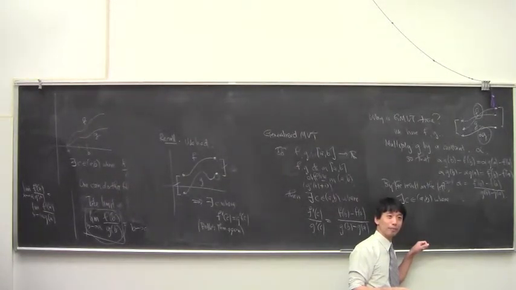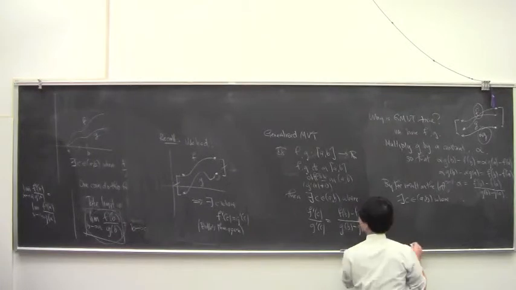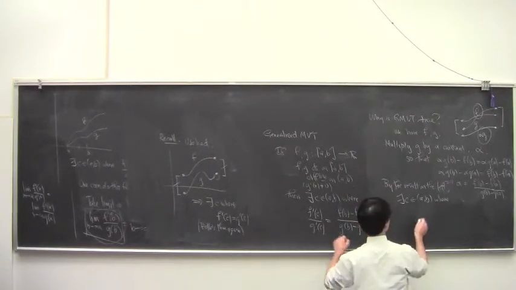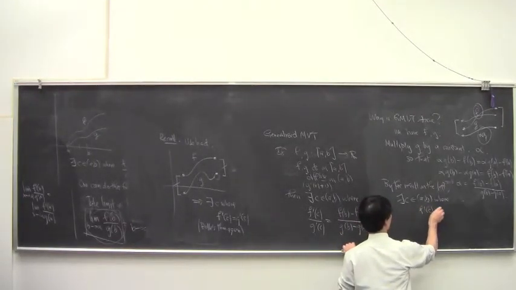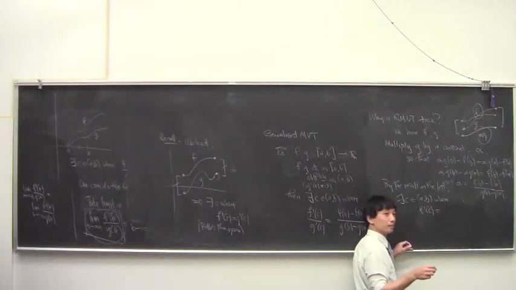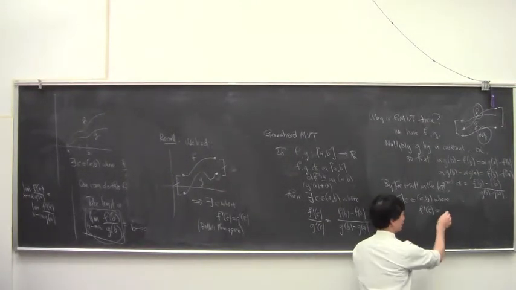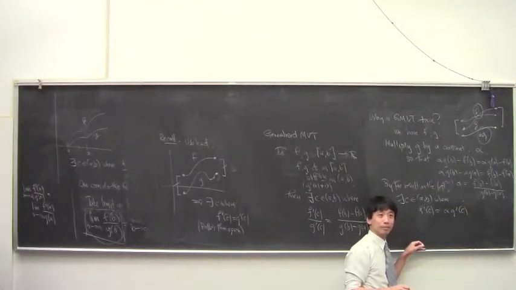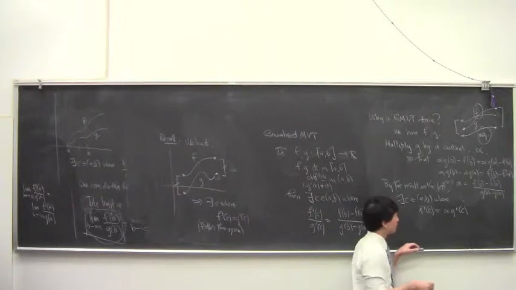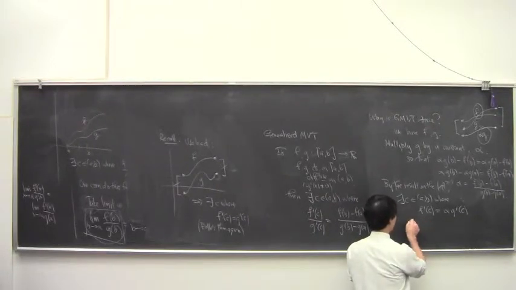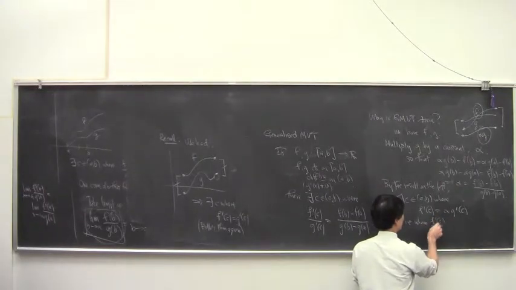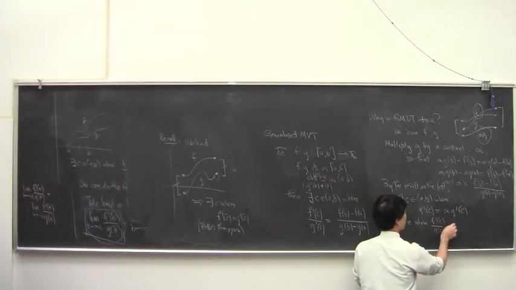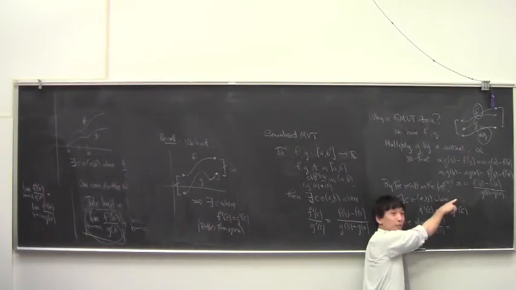There's a place where f prime c equals, not g prime c, but alpha g prime c. Right? In other words, there's a place where f prime c over g prime c equals alpha.